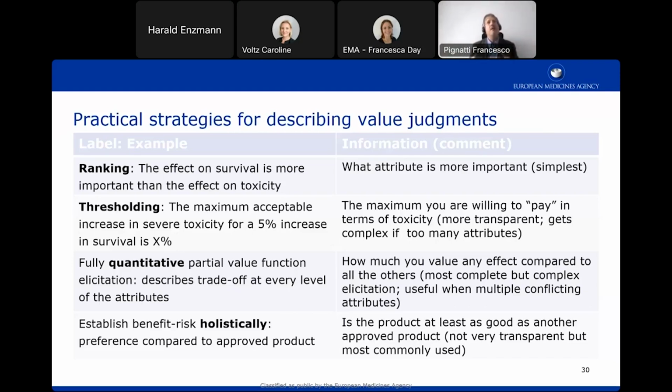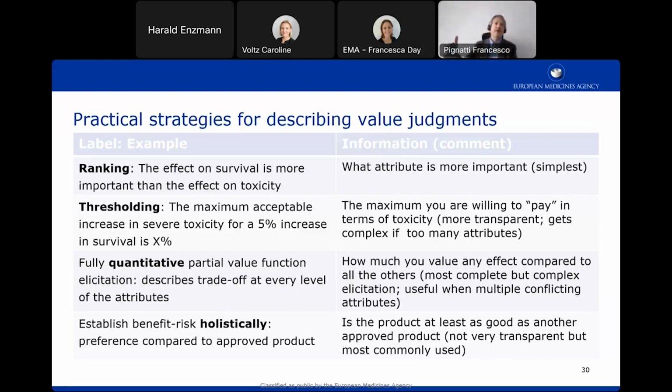A slightly more transparent approach is called thresholding, is basically saying, well, I have a 6-month improvement in survival, and I have a 30% increase in toxicity. I think 40% is acceptable.